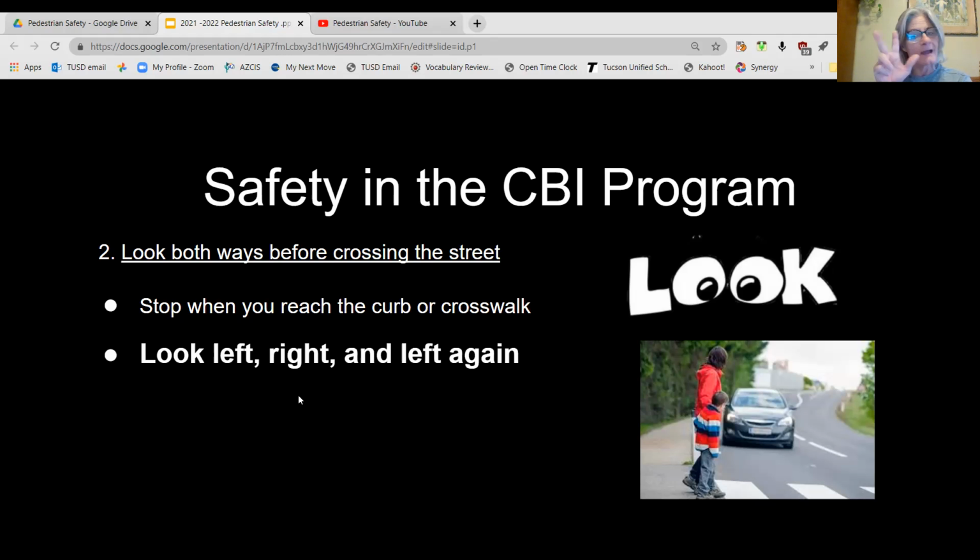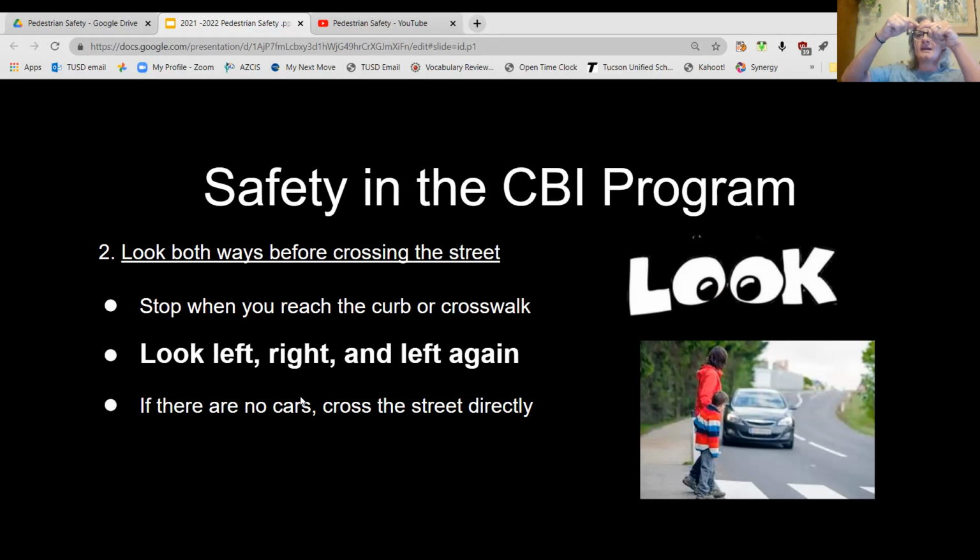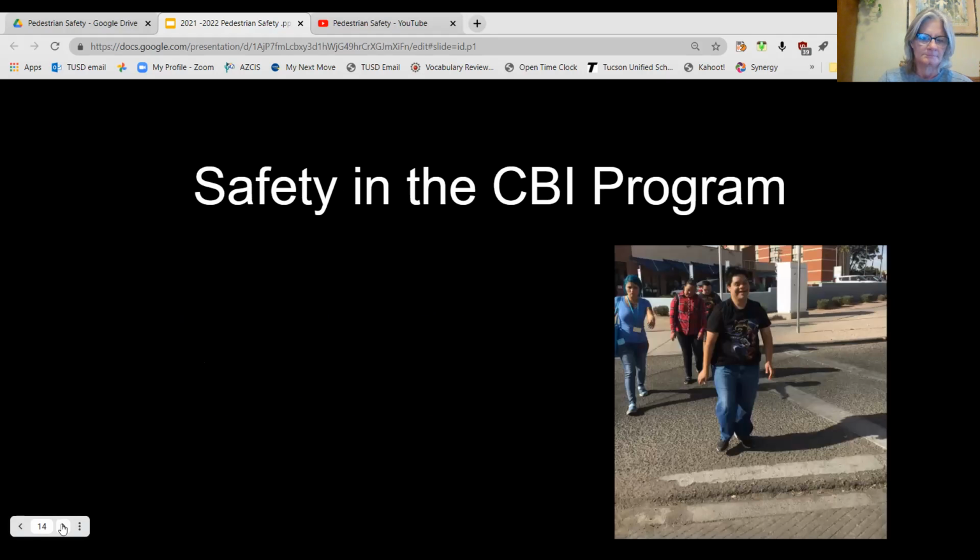So that's 3 times before you go out into the street. If there are no cars, then you can cross the street directly. Directly means from right here to right here, not zigzag. So it's a good example.